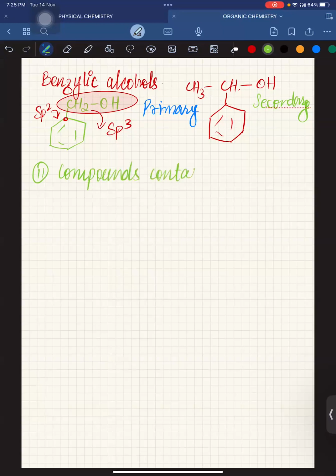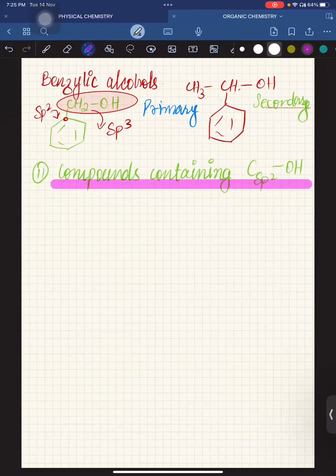Now the next classification is compounds containing Csp2-OH. That means the carbon to which OH is connected is sp2 hybridized, or doubly bonded. Very simple.